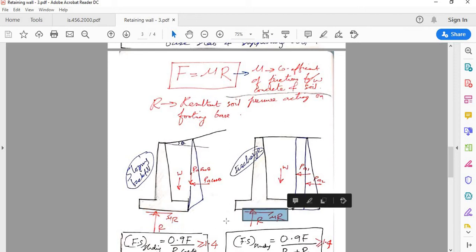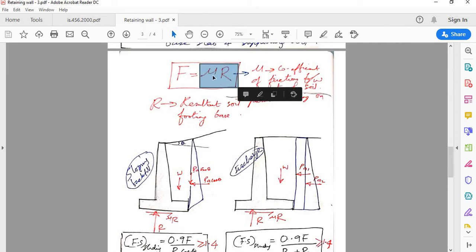So if you consider capital R as the resultant of all the vertical forces acting between the retaining wall and ground, the R will act, and as a result of that R, due to the friction between the retaining wall and the ground surface or the soil, you will have a force which is mu into R. Here mu into R is nothing but the coefficient of friction between soil and the retaining wall into total R. That's the basic principle of mechanics.